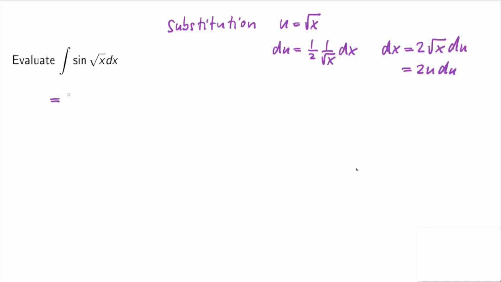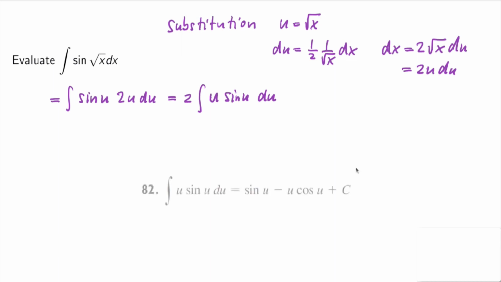Substituting this all into the integral, we get integral of sine of u, and then the dx transforms into 2u du. Then we have 2 integral u sine u du. And this is the integral we just solved with Tolo's help by looking up formula 82. So here's 82. And then we can just continue down here. So then this equals 2 times sine of root of x, you know, u is root x, minus root x cos root x and the lovely constant.